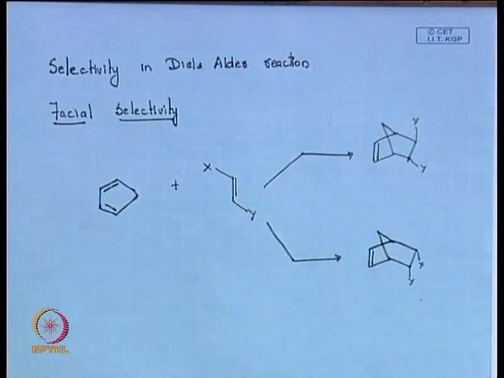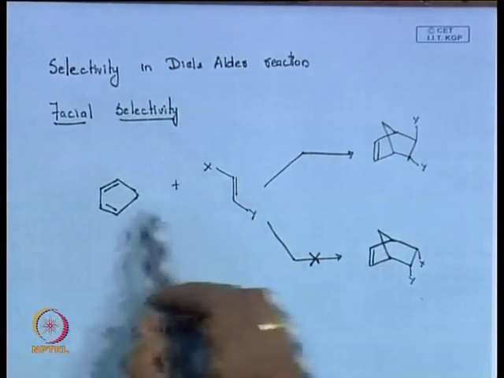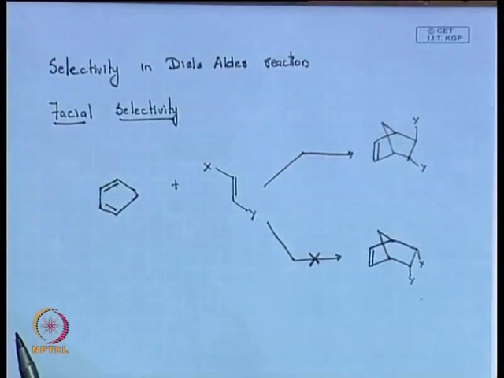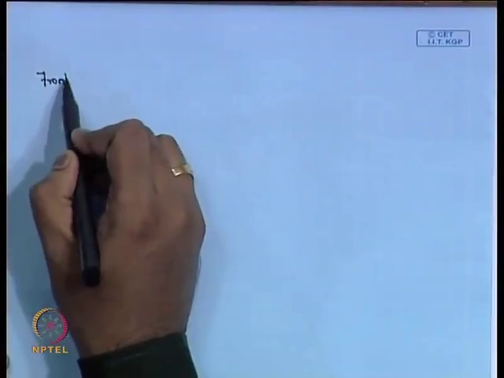So, you can think about two products if you talk about facial selectivity, but in Diels-Alder the reaction is selective. You do not end up with this product, you end up with only the other one. How do we understand that? We can see this reaction in two ways, the front approach or the side approach, and see how they make things selective. We will just see the front approach.